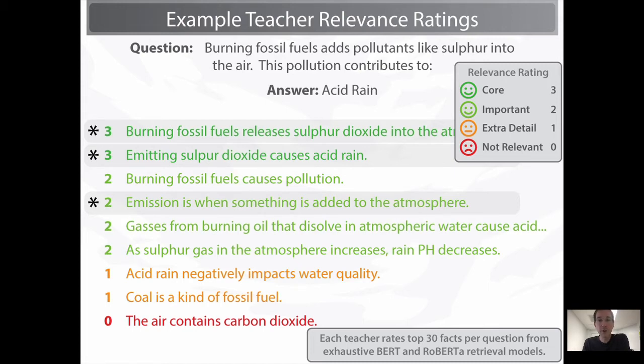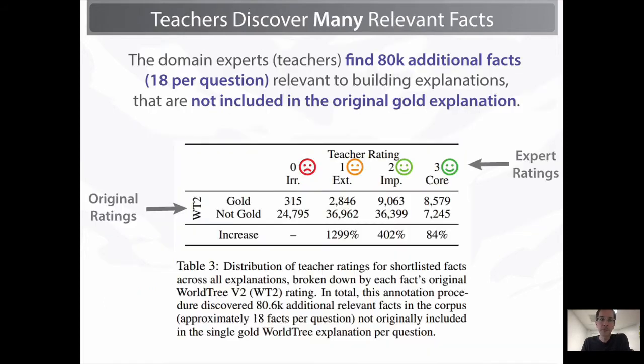Note that I'm only showing a small subset of the 30 facts that the teachers rated for this question. But the language models and the teachers are clearly finding a lot more facts that are potentially relevant for building an explanation than were originally annotated as gold. The gold ones are the 3 facts here with those stars beside them. So there's quite a bit more than is annotated in those single gold explanations.